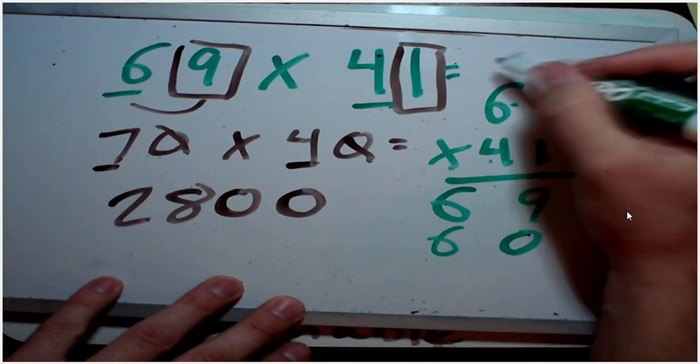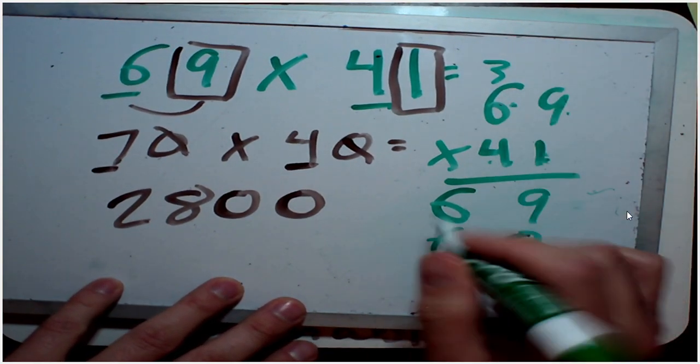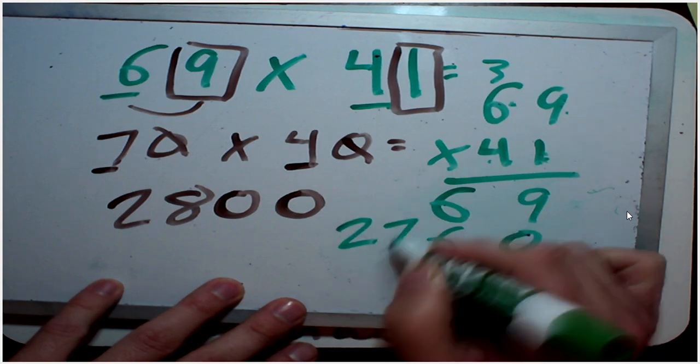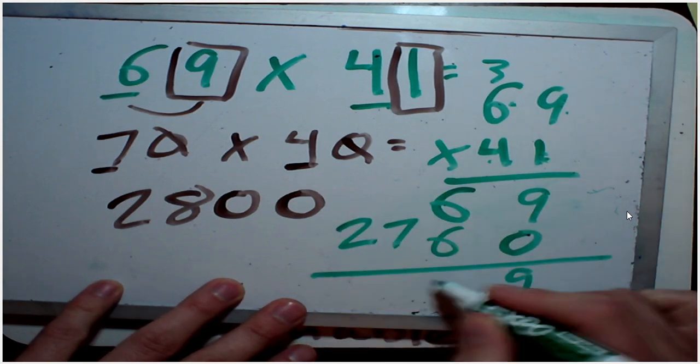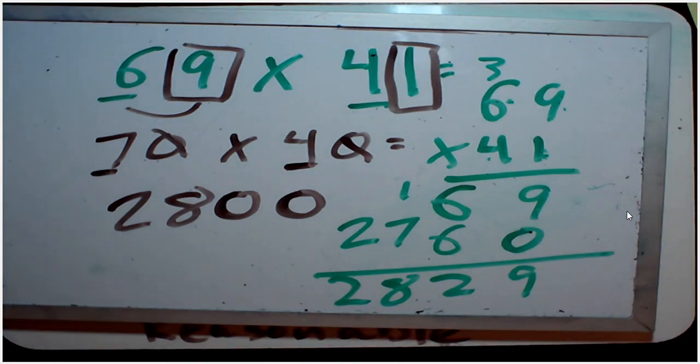Carry the 3. 6 times 4 is 24 plus 3 is 27. If I find the exact answer, I get 2,829.